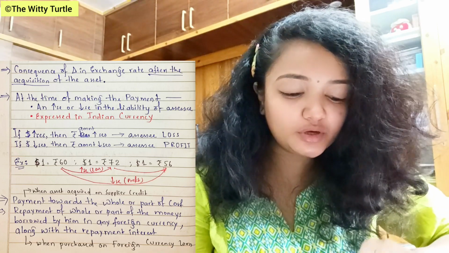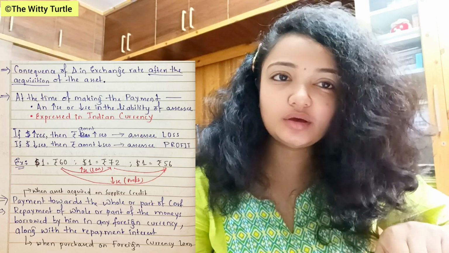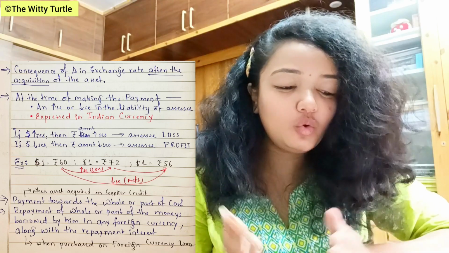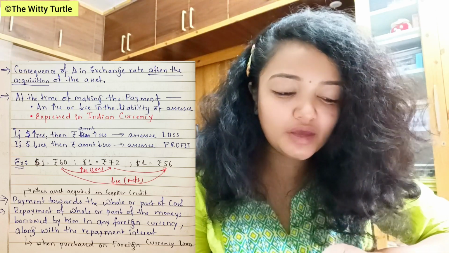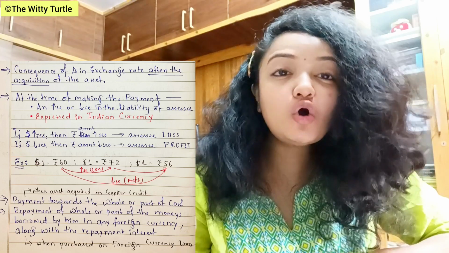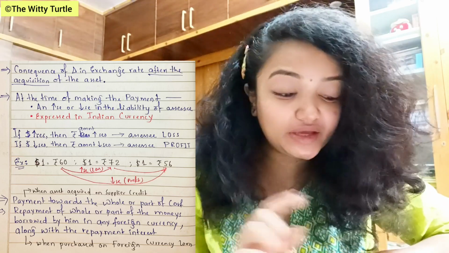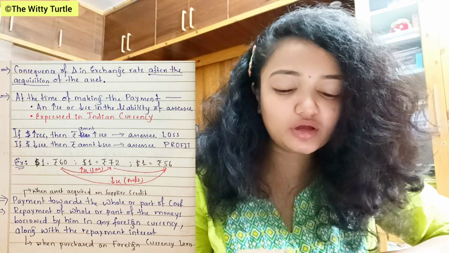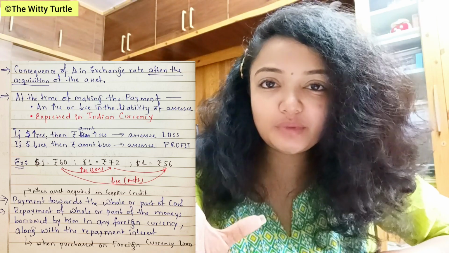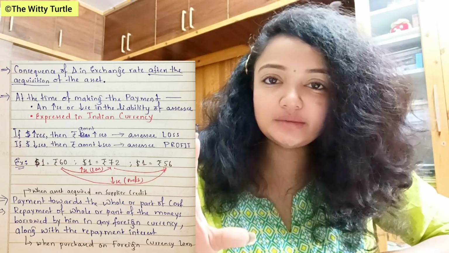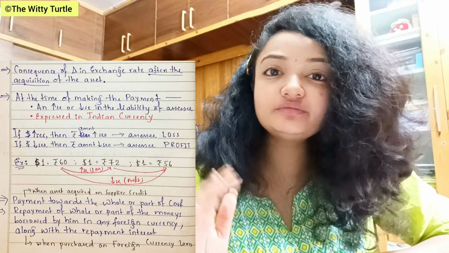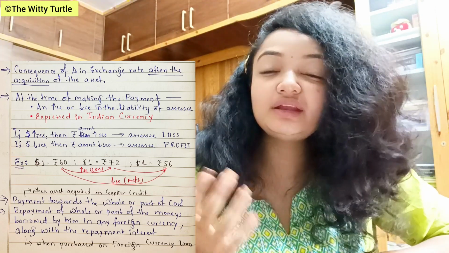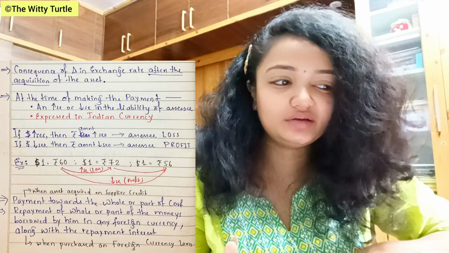And also when you are purchasing by taking any foreign currency loan, in that case, repayment of the whole or part of the money borrowed by him in any foreign currency, along with the repayment of interest, because it is a loan, so you'll also have to consider the interest amount. So this is what it is talking about: repayment of the principal money along with the interest amount. Again, the effect of exchange rate will also fall on this, and similarly you have to make an adjustment in your books of accounts, right?